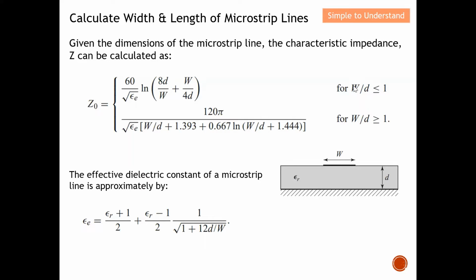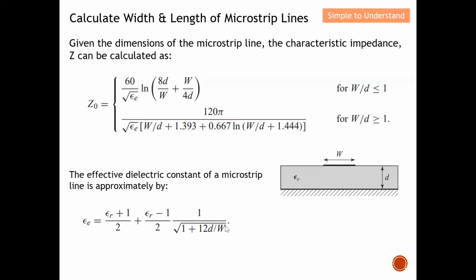Basically, these two factors, the ratio, will allow us to choose either one of the formulas. For example, in this particular case, if the W over D ratio is less than 1, then I will use this equation. And if my calculation of the width over the depth of the microstrip line is more than 1, then I will apply this equation in order to find the characteristic impedance. You probably see this term here, which is the effective dielectric constant. How to get this term, the equation is mentioned here.